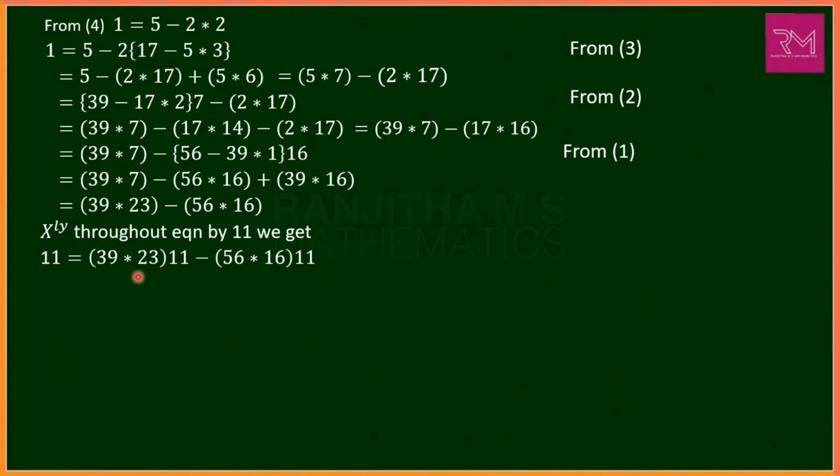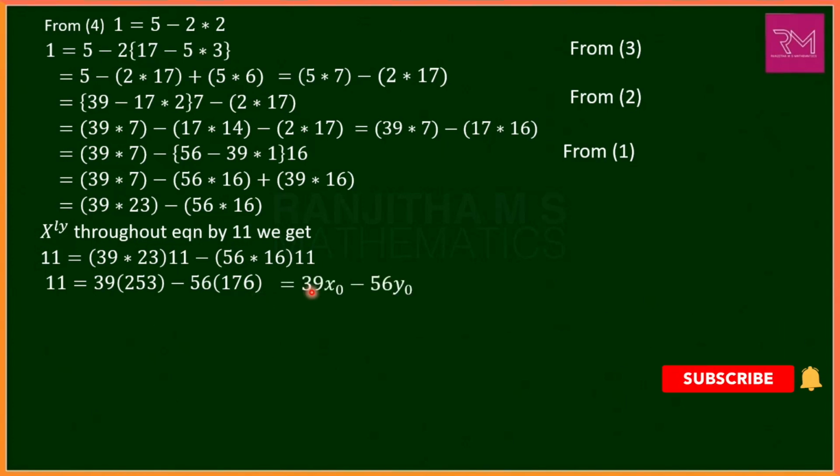Here on the right hand side, to achieve the linear Diophantine equation, we have to multiply 11 inside the bracket for this 23 and for 16. We get 11 is equal to 39 into, here 23 into 11 is 253, minus 56 into 16 into 11 is 176. So this is the same as 39x0 minus 56y0.